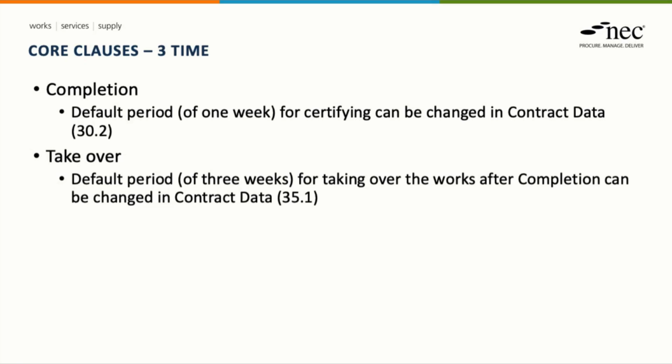So this provides some flexibility for the client in terms of how quickly completion needs to be certified. In a similar manner, there is flexibility in terms of how quickly takeover occurs. The default being 3 weeks, but on a specific project, this period can be changed if the entry in contract data is used. Again, this is about providing flexibility.